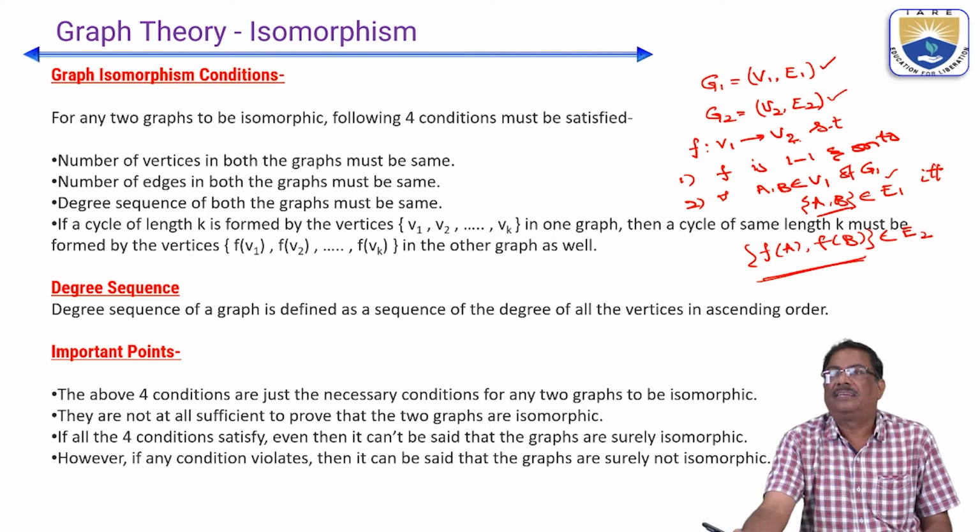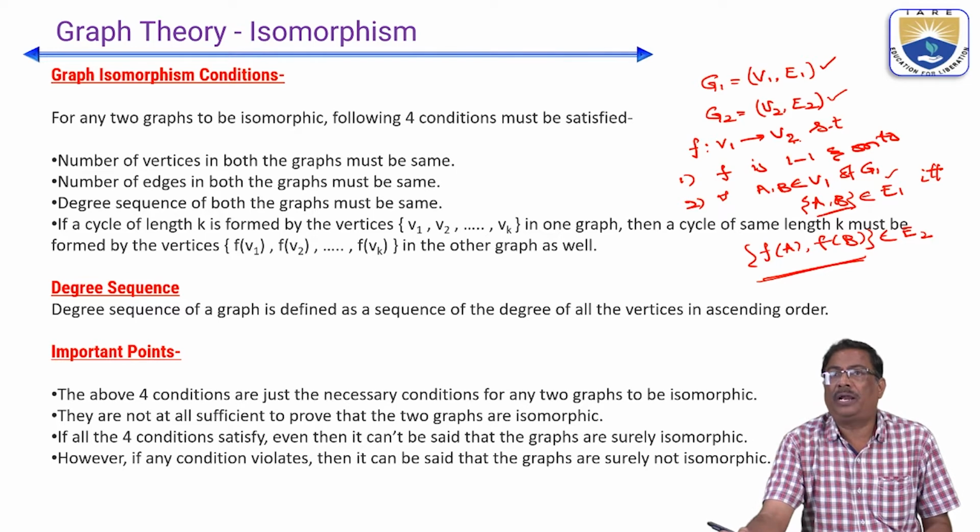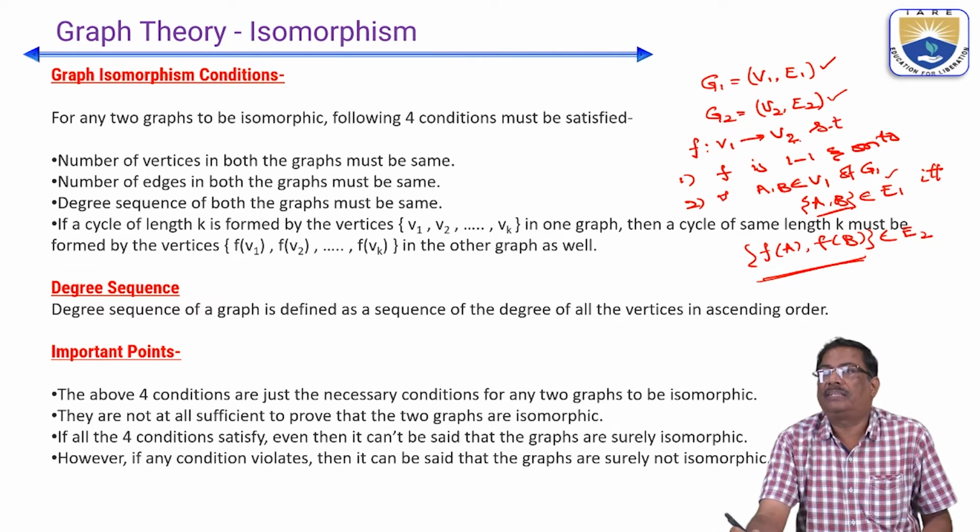Then the function is an isomorphism from G1 to G2, and we call G1 isomorphic to G2. This is the mathematical definition.